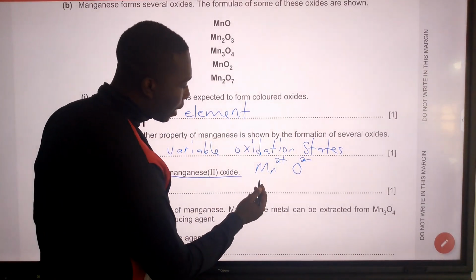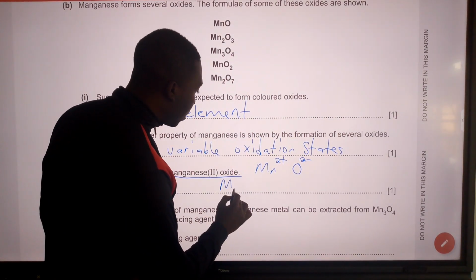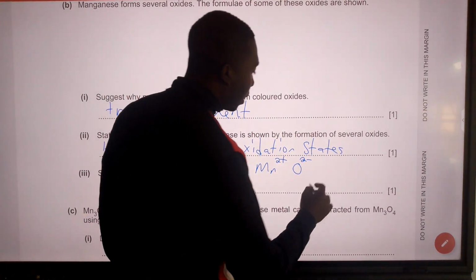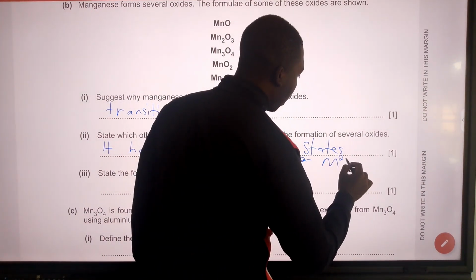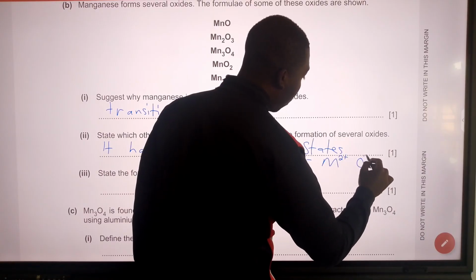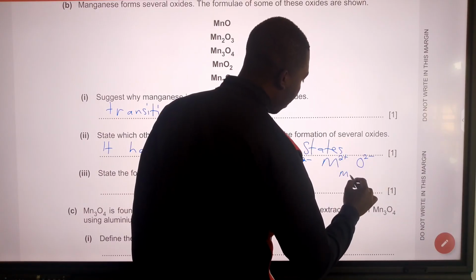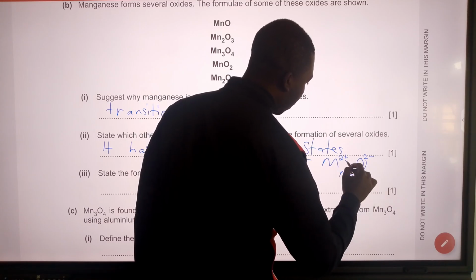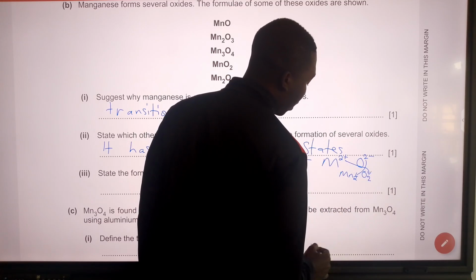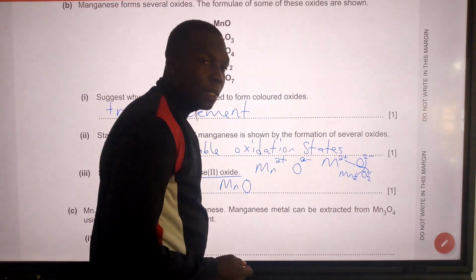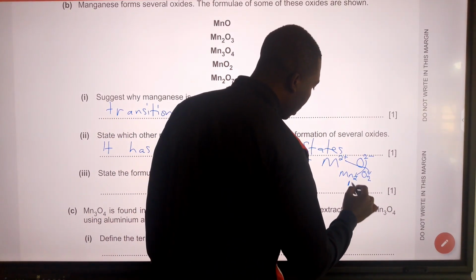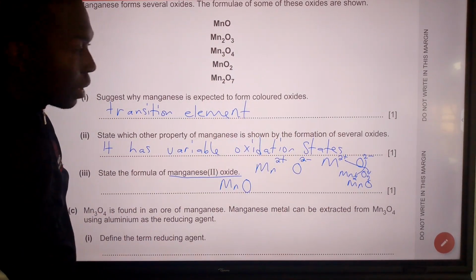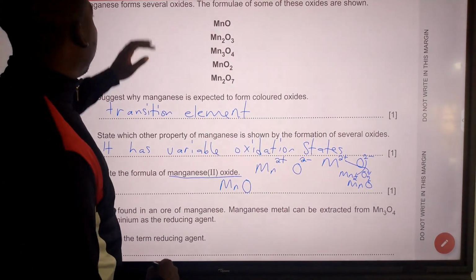So they are equal to each other. So the formula just becomes MnO. Or if we use the method of swapping and dropping, Mn2+ and O2-, if you drop this 2 from oxygen to manganese, and this 2 from manganese to oxygen, it becomes Mn2O2, and since these numbers are equal, we can reduce it such that it becomes MnO. So the formula for manganese(II) oxide is MnO.